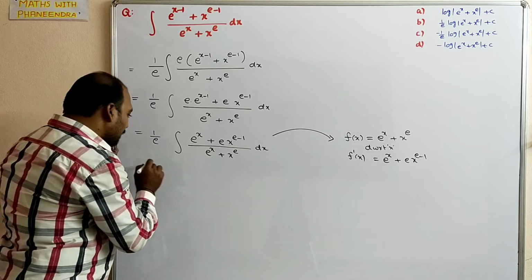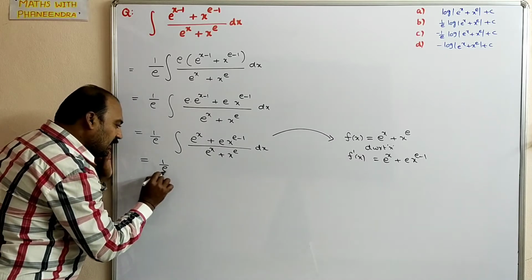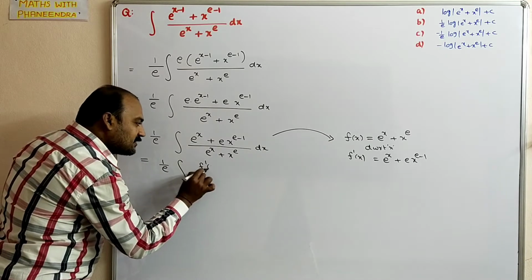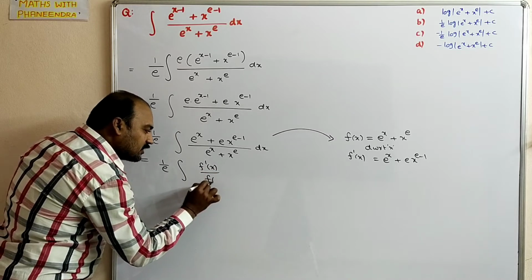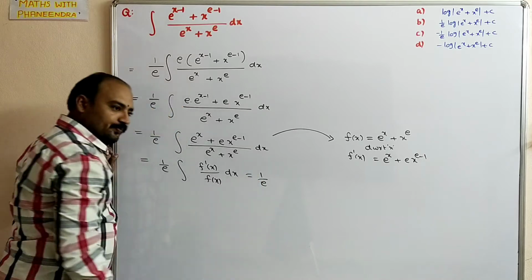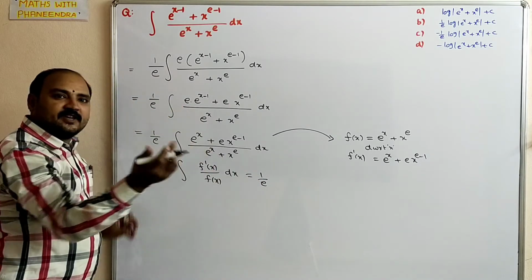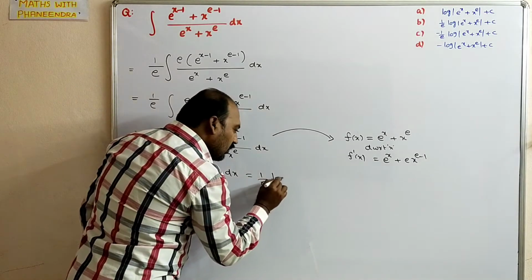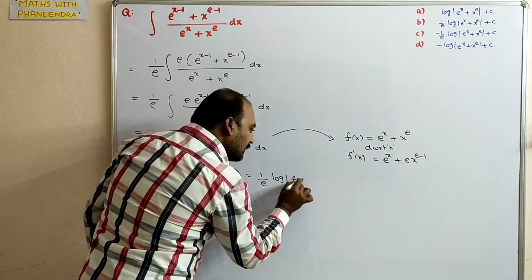So it is in the form of 1 by e integral of f dash of x divided by f of x dx. We know that formula: integral of f dash of x by f of x dx is log mod f of x plus c.